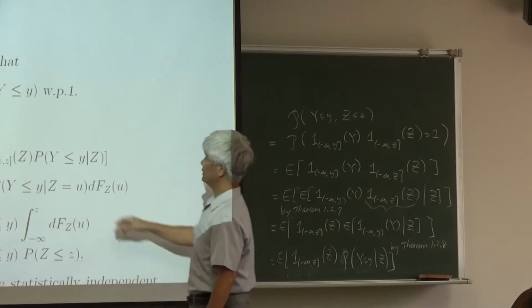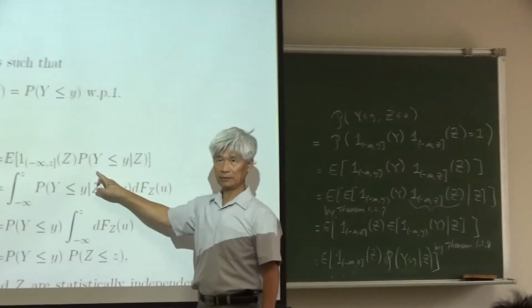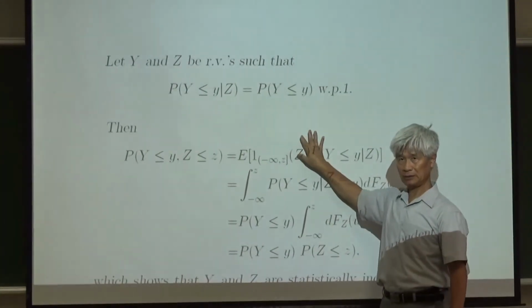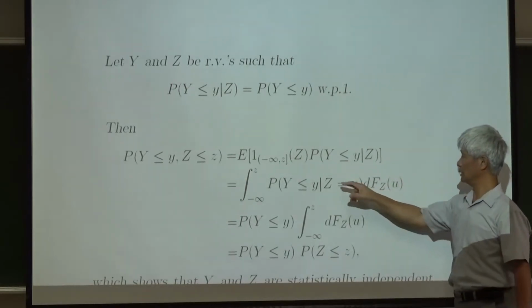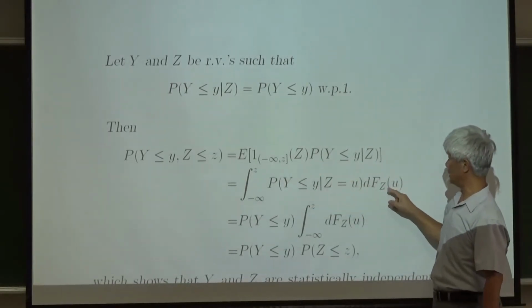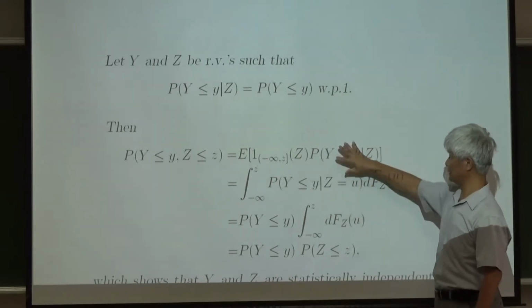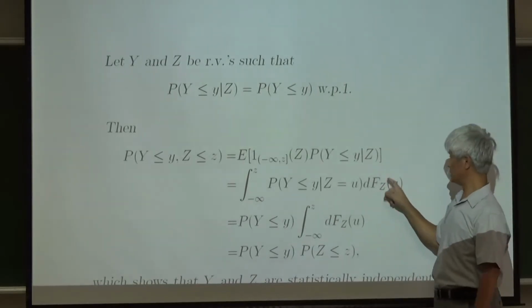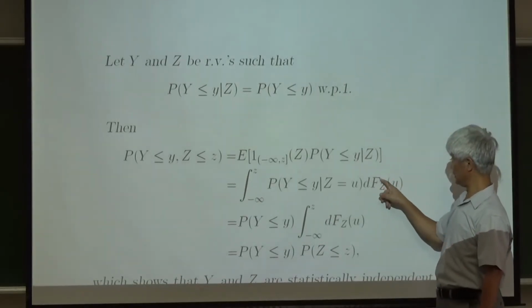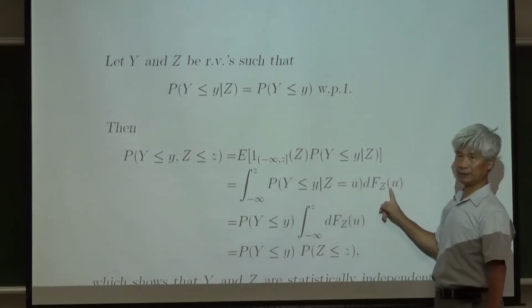Okay, so this is a function of z. This is also a function of z, right? So the product is a function of z. You take the expectation, so you have to do the average. The expectation is that you take the Riemann-Stieltjes integral, integrating against F of z, the CDF of z.